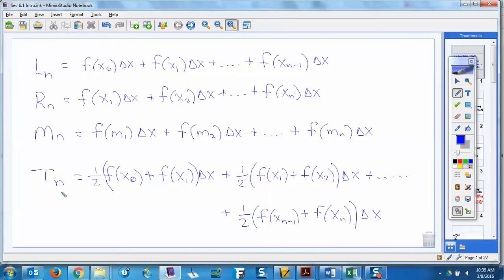Okay, we're going to talk a little more about this over-under approximation, and we're going to be using these approximations a little bit. And we're going to talk about how far off they are, and what we're going to do is we're going to end up figuring out how in the world does a calculator, that integral we just did, remember we said there's no antiderivative, how does it know how to get the exact answer? Well, if there is no exact answer, right, if there is no antiderivative, we can't get the exact answer.